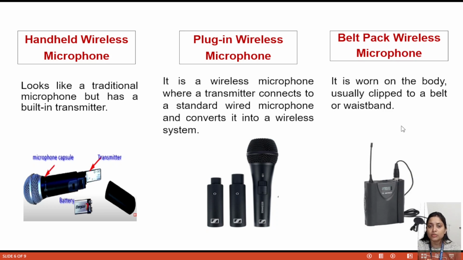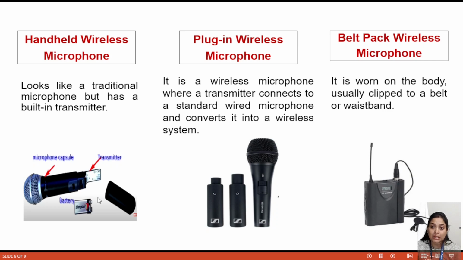It looks like a traditional microphone, but it has a built-in transmitter. Where is the transmitter? The transmitter is inside this part. The microphone part is here, and here the transmitter is there.